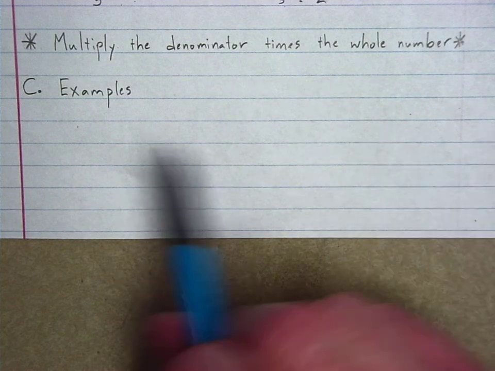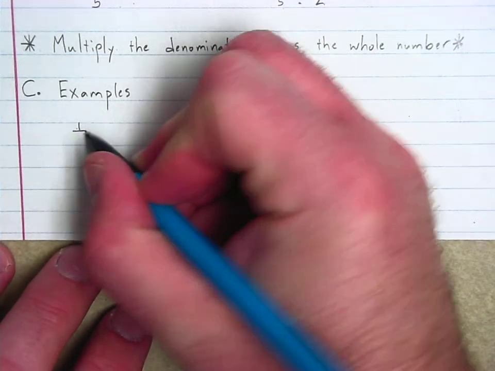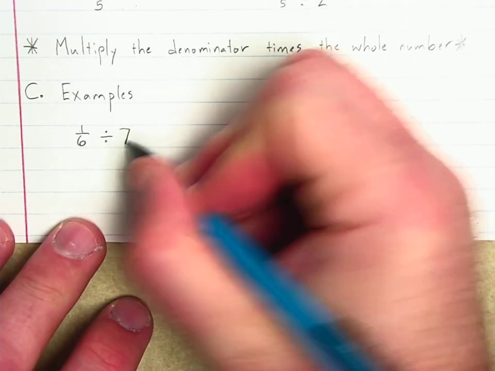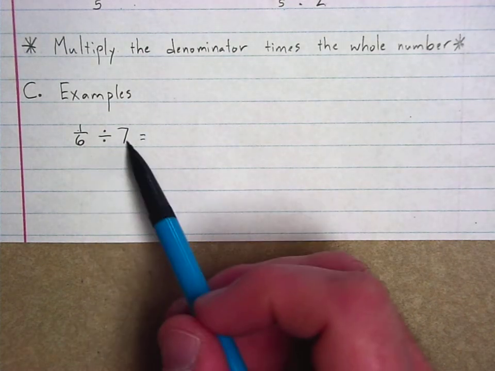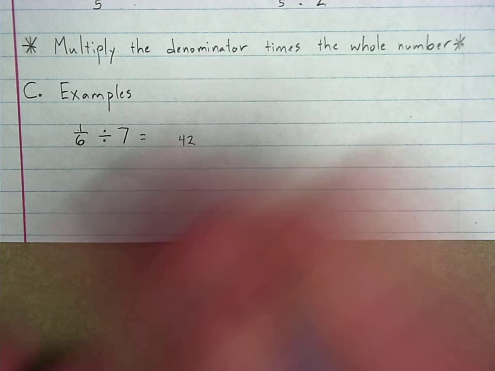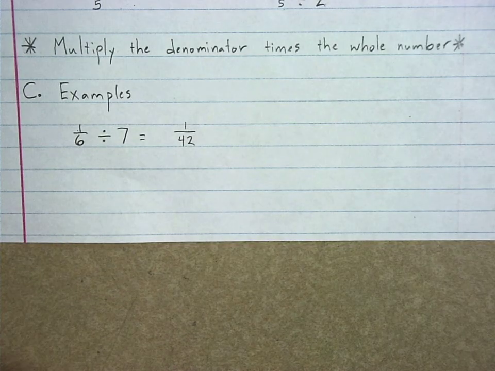Okay. Remember, division order is very important. It's like subtraction. So if I give you 1/6 divided by 7, all you're going to do is multiply denominator times the whole number. 42. Because it's a unit fraction, put a 1 on top, and you're done.